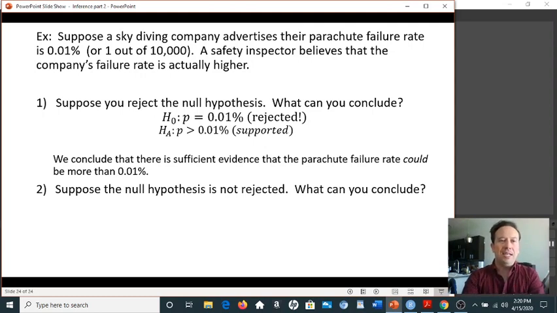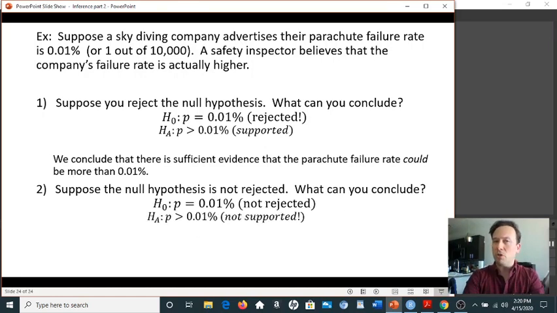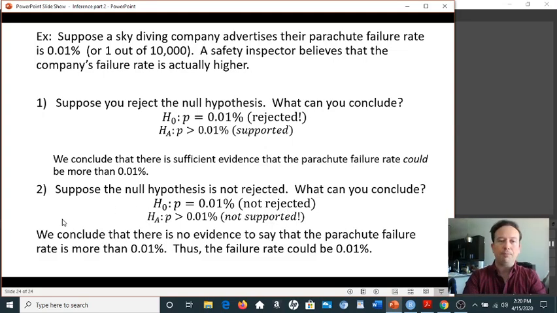Secondly, suppose the null hypothesis is not rejected. What can you conclude? It's always helpful to label your hypotheses once you make your decision. Label H0 as not rejected, which means the alternative is not supported. To not reject the null hypothesis is, in a sense, what we are supporting.